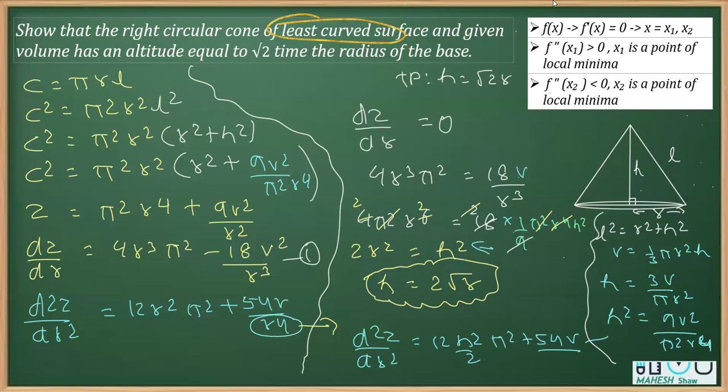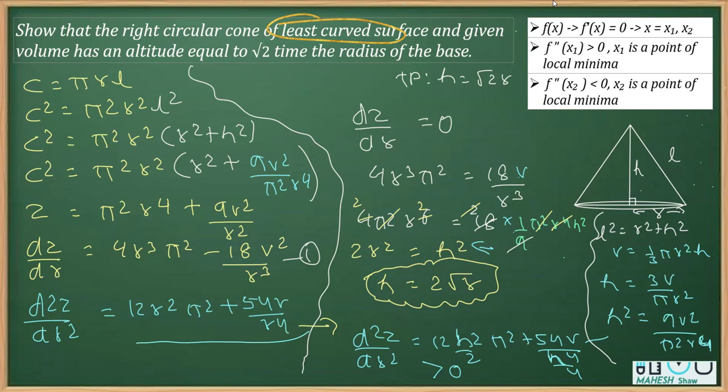This is r raised to the power 4, which will be what? r square is this, so r raised to the power 4 is h raised to the power 4 by 4. Well, you can see that here we all have positive values, right? These are all positive values. Therefore, it has to be greater than 0.